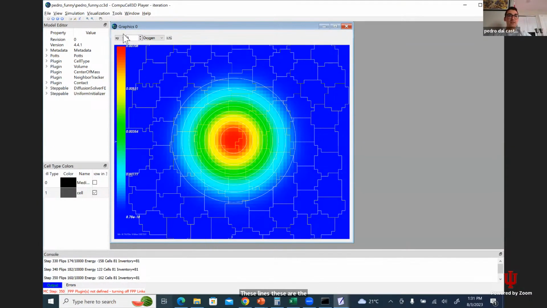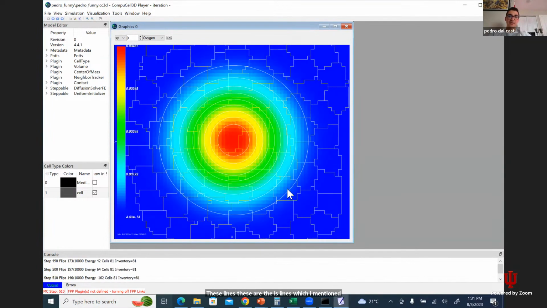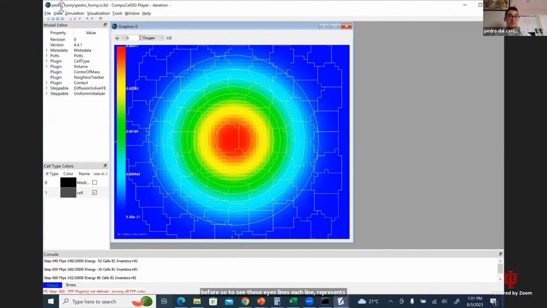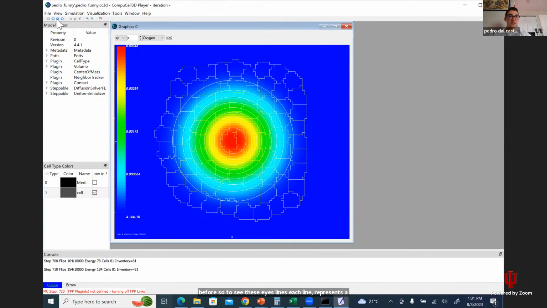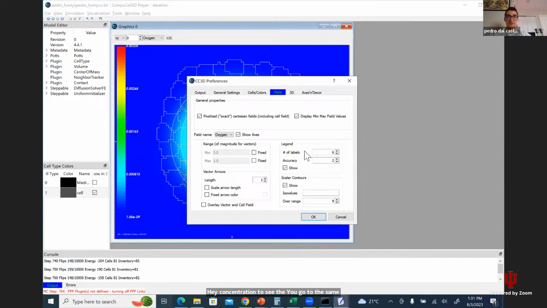To see these isolines, each line represents a concentration. To see these isolines, you go to the same place, so tools, configuration, fields, and you can click here, show scalar contours, and ISO values. So I can set a value myself, or simply type the number of isolines I want to see.